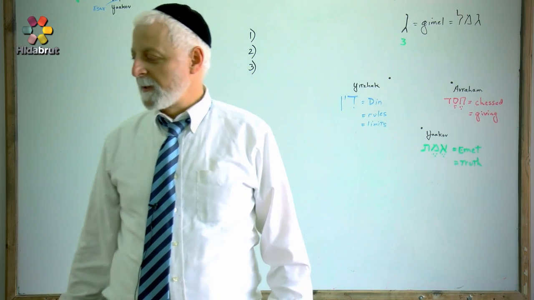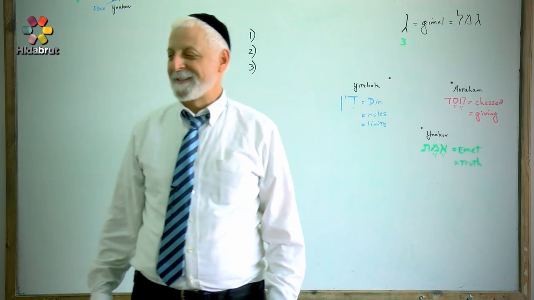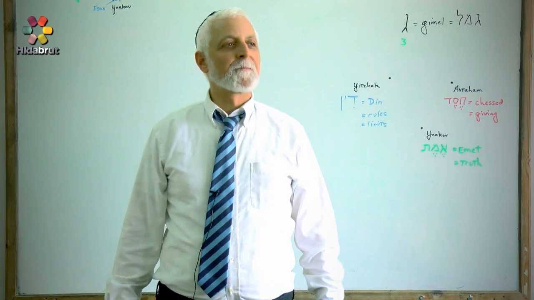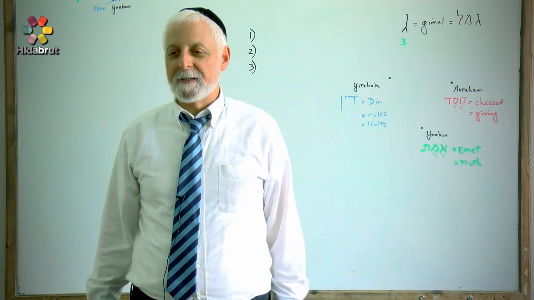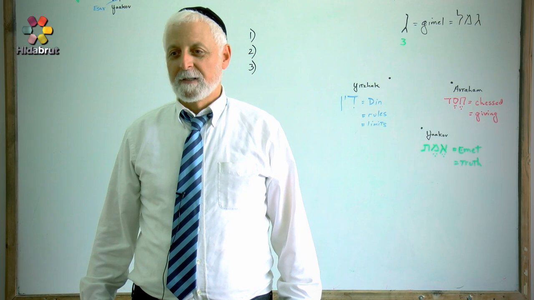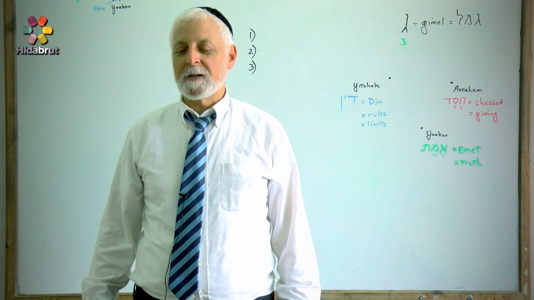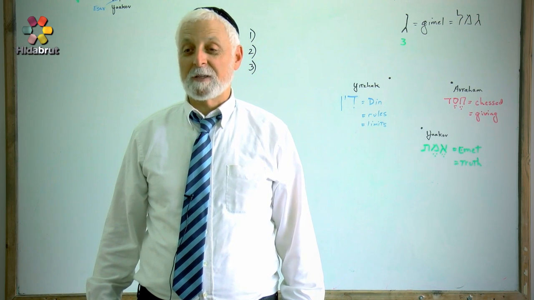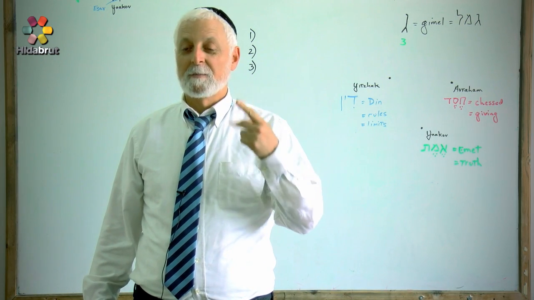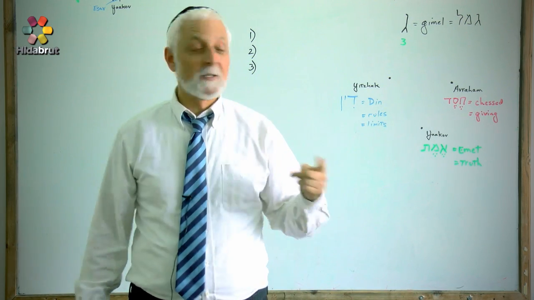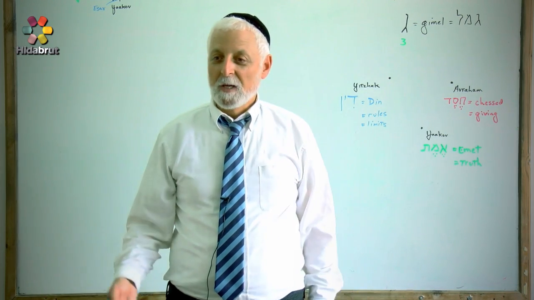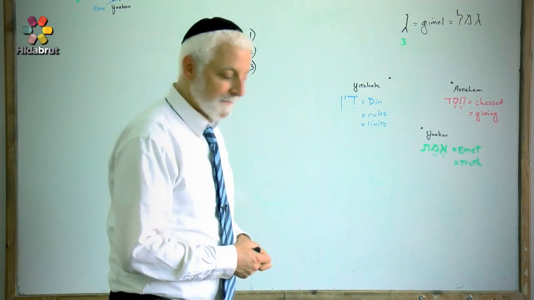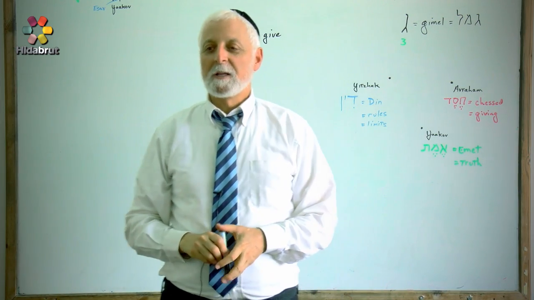One word is gomel, which means to give. You ever heard the Mishnah in Pirkei Avos that says the world stands on 3 things? Learning Torah, prayer, and gemilut chasadim, being gomel chesed. So gomel means to give. So that's one use of the word Gimel.